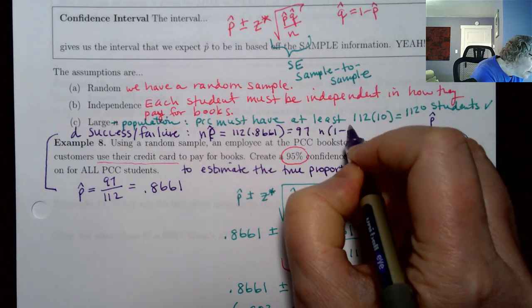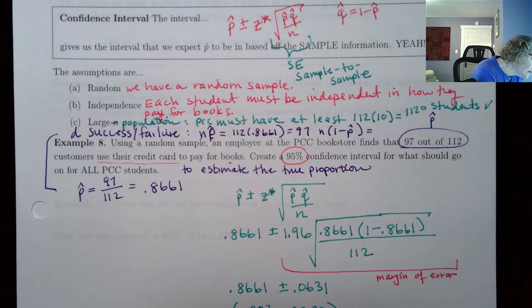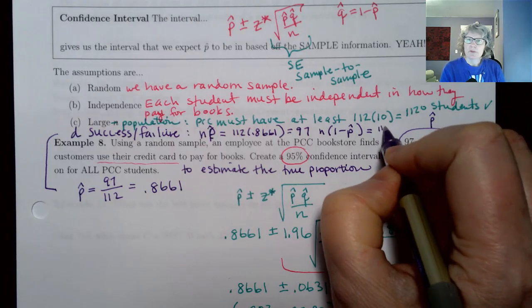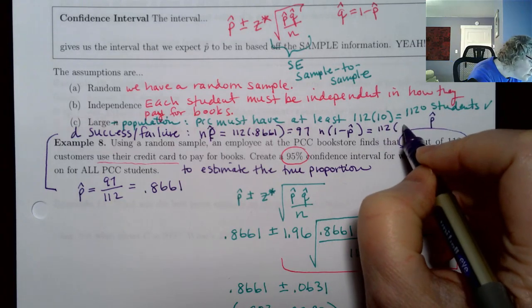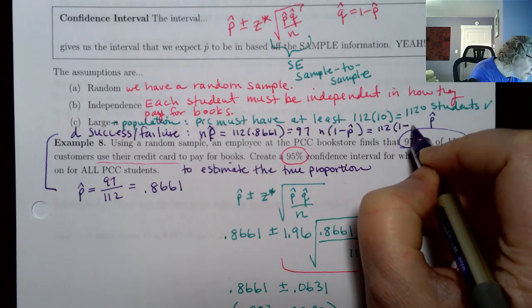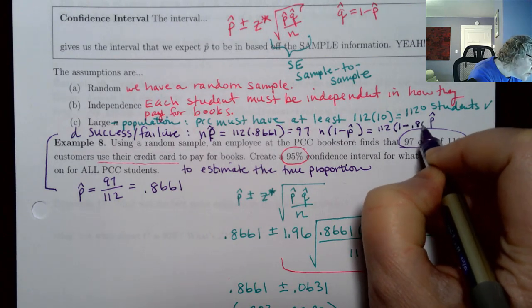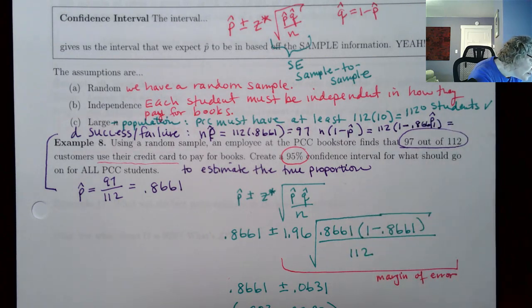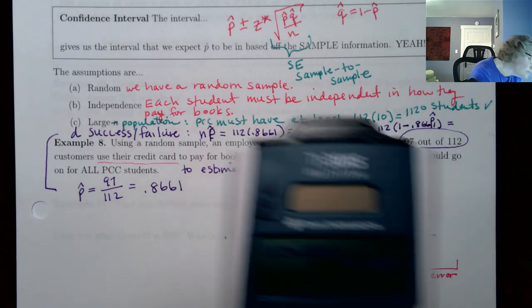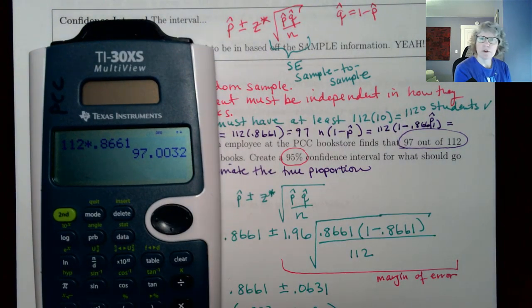And N times 1 minus P hat, or Q hat, is going to be 112 times 1 minus 0.8661. Sorry, I don't have enough space here, to go across my P hat there.